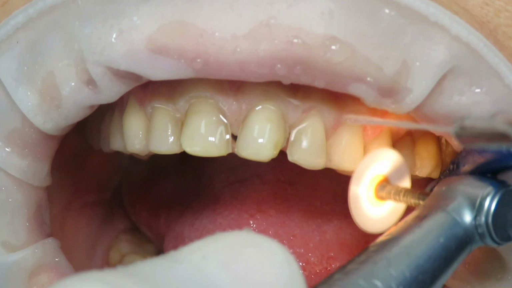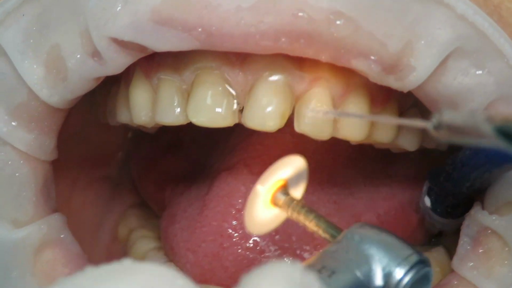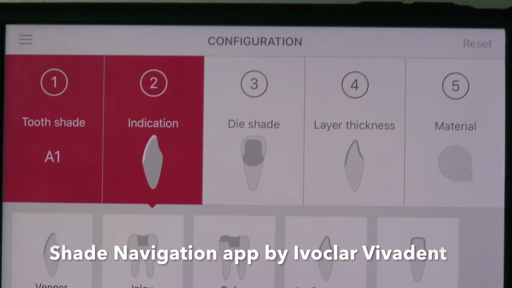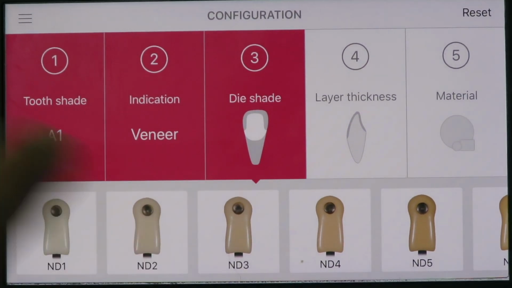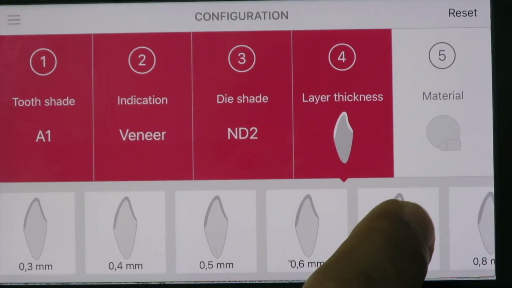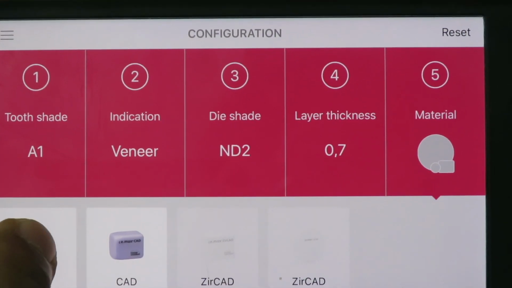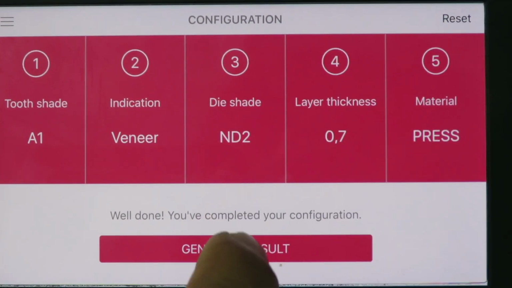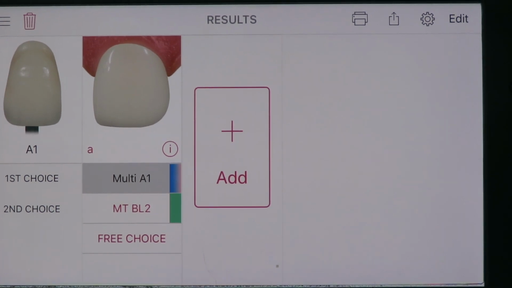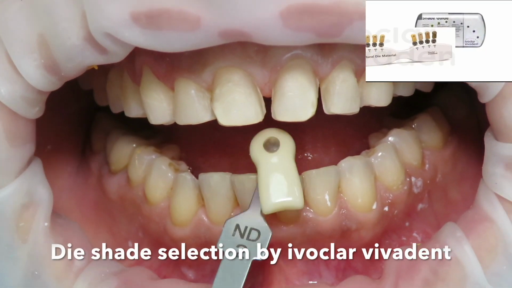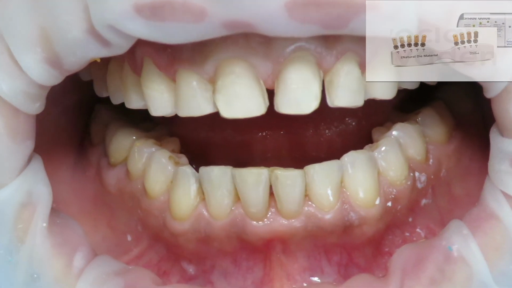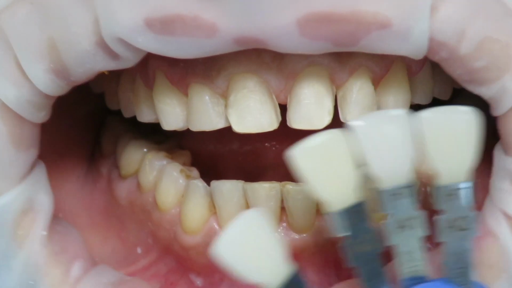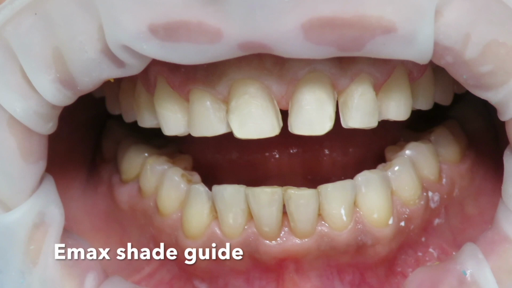And a very nice trick in shade selection is to use the app that was developed by Ivoclar Vivadent on choosing the shade. In fact, it is very important to use the die shade that was developed by Ivoclar Vivadent to communicate with the lab the shade of the die, and this is very important for the final shade result.